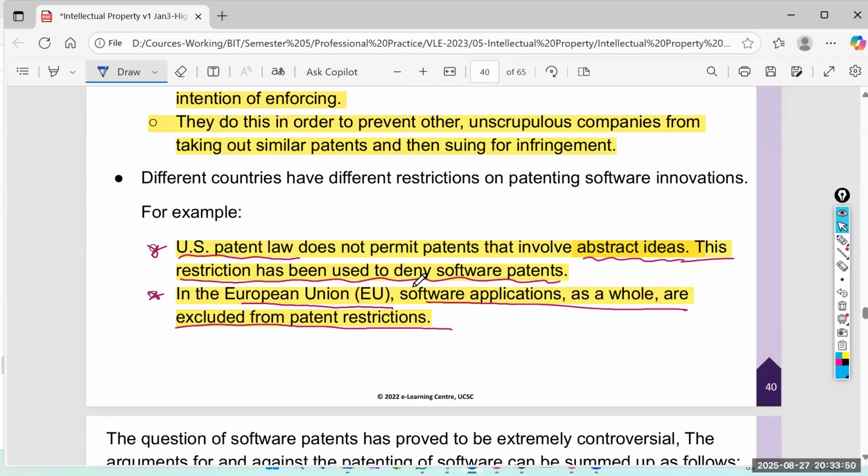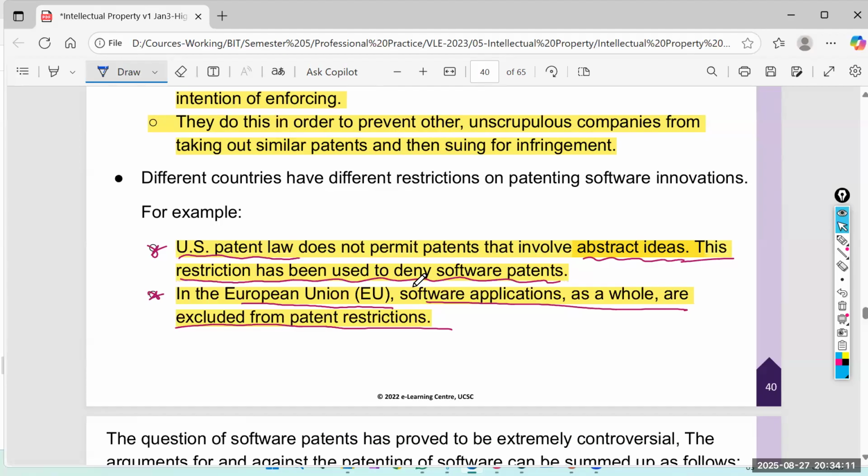And again, it's very difficult to draw a line and explain what is meant by an innovative new invention. So therefore, from country to country, region to region, this definition is vague, though there are some common aspects.